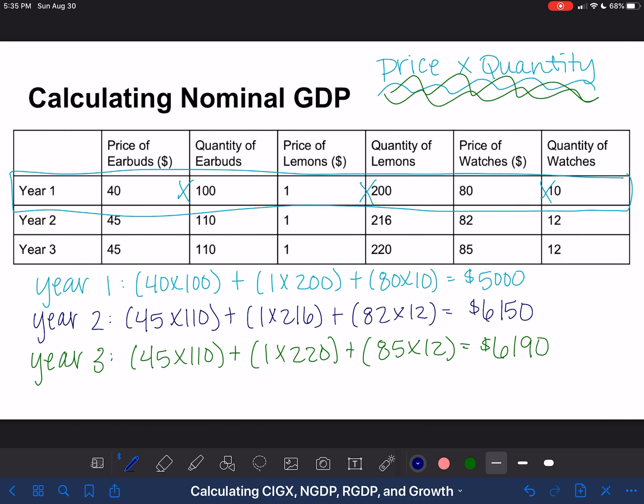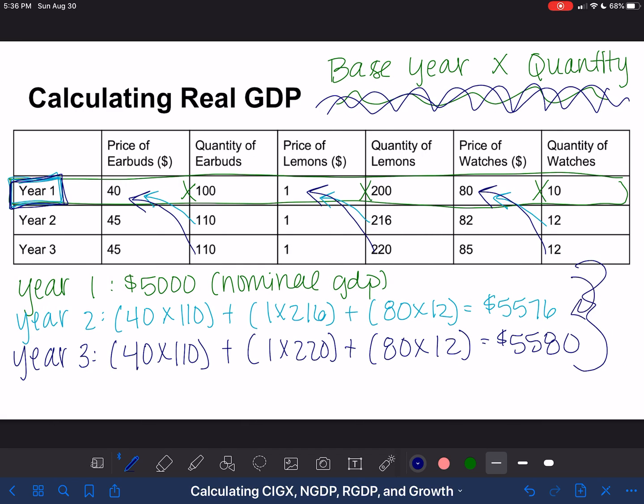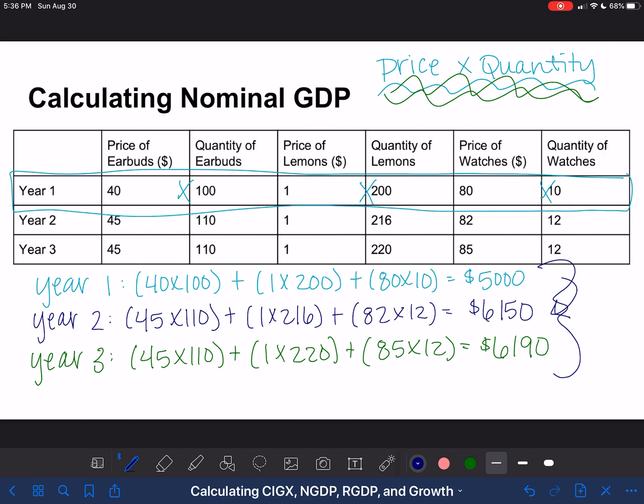But if we compare them to our nominal GDPs, does that growth look the same? No. From 5,000 to 6,150, that's a bigger difference than 5,000 to 5,576. That's why we use real GDP to calculate growth, because this is more accurate than our nominal GDP growth.